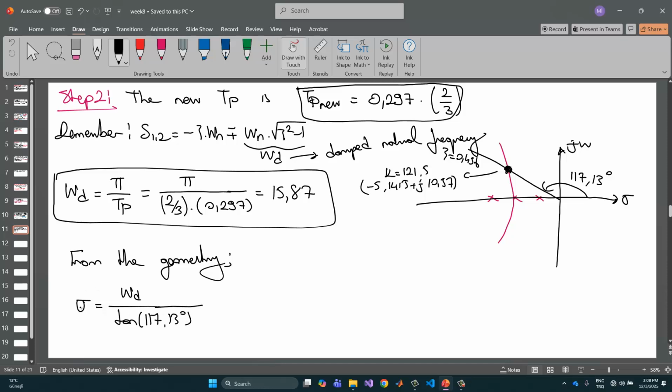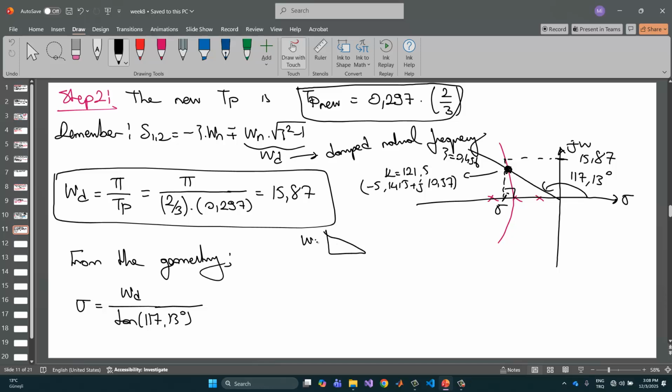What is the meaning of the sigma in here? We have the desired imaginary axis in here, just like this one, and we also have our sigma component, because this must be a right angle, right? The tangent is equal to Wd divided by sigma.